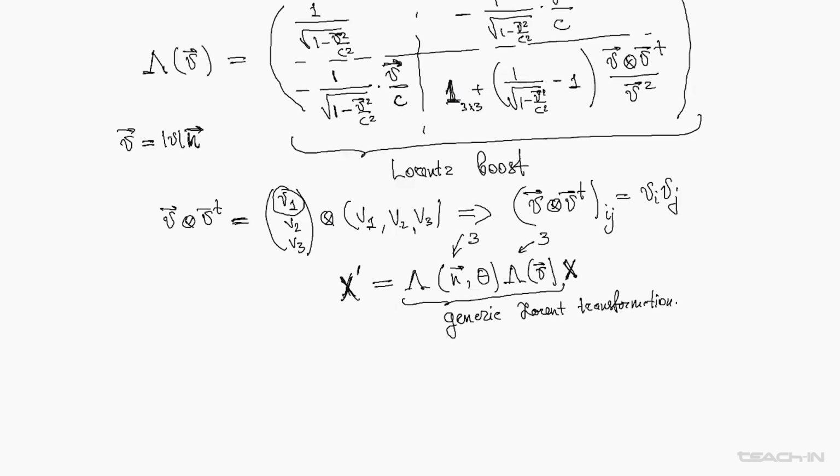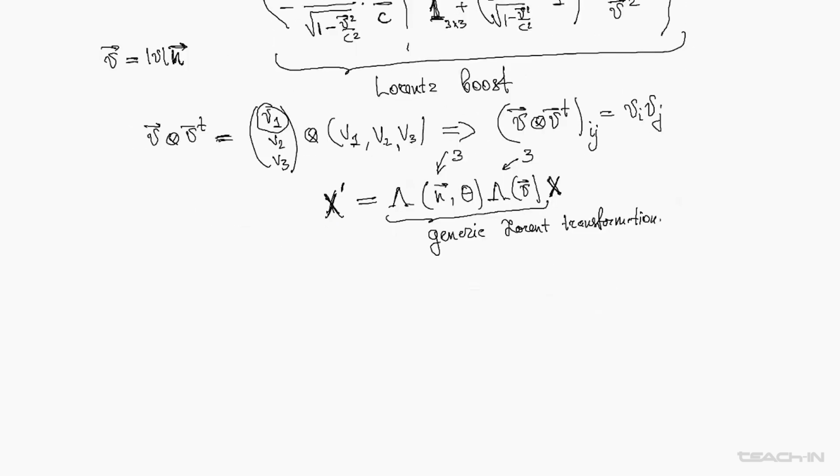And if you write this more explicitly, then you know what x prime is. X prime is a 4-dimensional vector whose zero component is ct prime, and then x1 prime, x2 prime, x3 prime. This primed vector is related to the unprimed vector by means of a matrix of rotation, here 0, 0, R of theta.